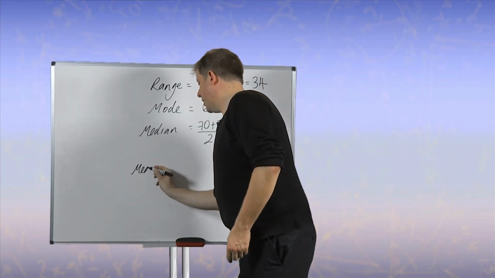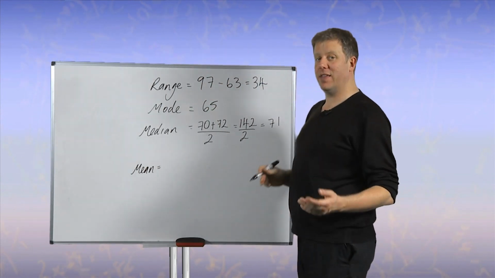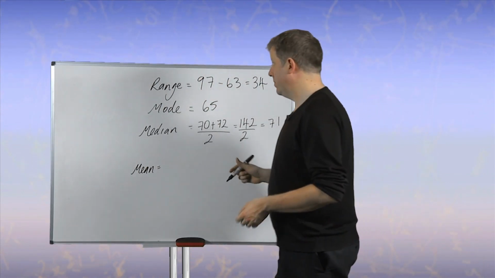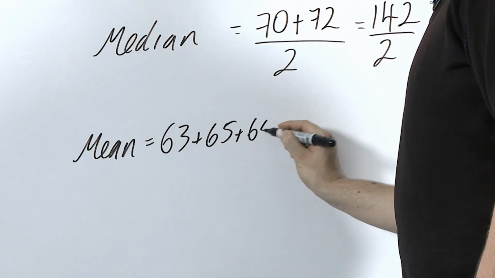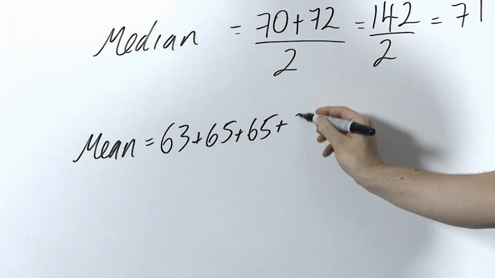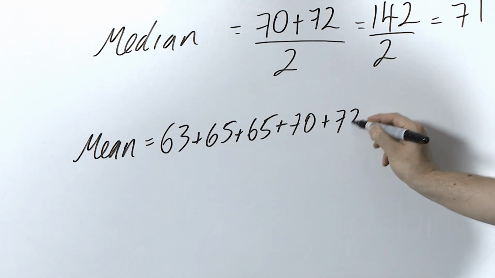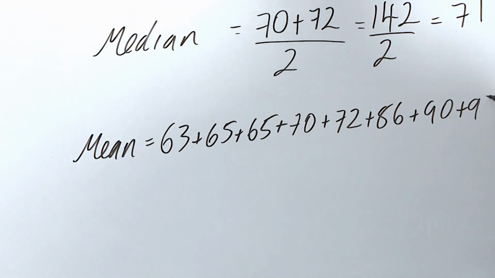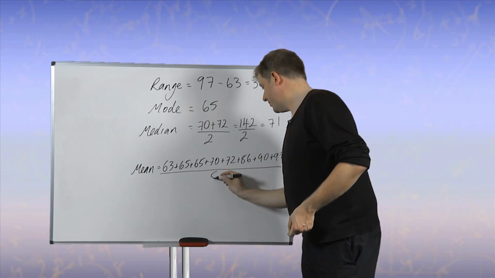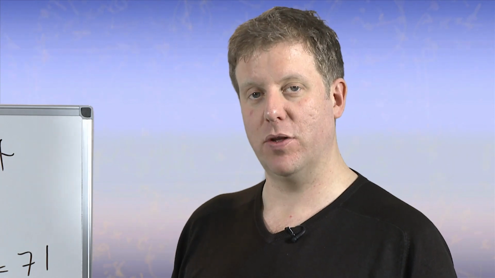So the mean, remember, is when we've added all our numbers together and divided by how many there are. So this time we're going to add the 63, the 65, the other 65, and so on. And of course we're going to divide by how many numbers there are, which in this case is 8. Now press pause, have a go at working this out yourself, and then come back and see if you've got the same answer as me.